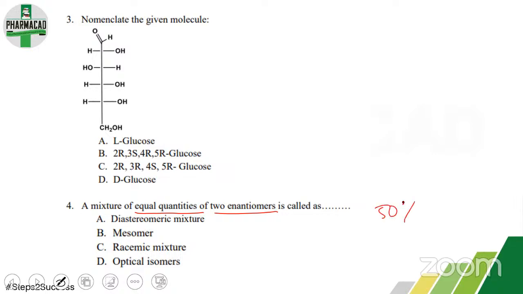It means 50% R plus 50% S. Okay, or 50% dextro plus 50% levo, which is equals to the optically inactive mixture, and that mixture is nothing but the racemic mixture. Remember this thing. So the correct answer is option C.